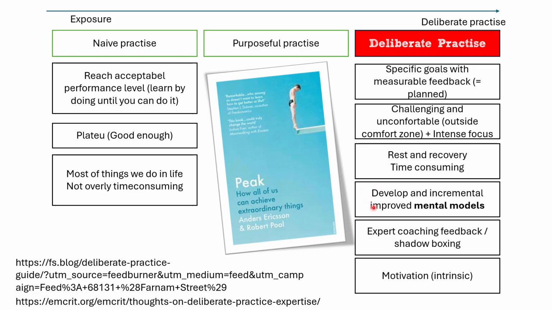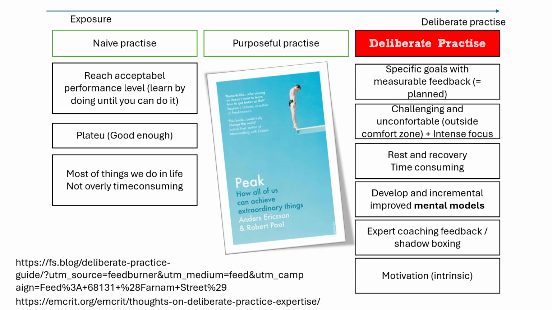And one of the central things is that you will then develop incrementally improved mental models, right? You will reflect on what you've been doing, and then you'll develop better and better mental models, and discard the old ones that you had, and then you'll build upon that. And then sometimes you can jump ahead. You can get a head start if you have an expert coach who can give you some of these mental models and show you how this is done.